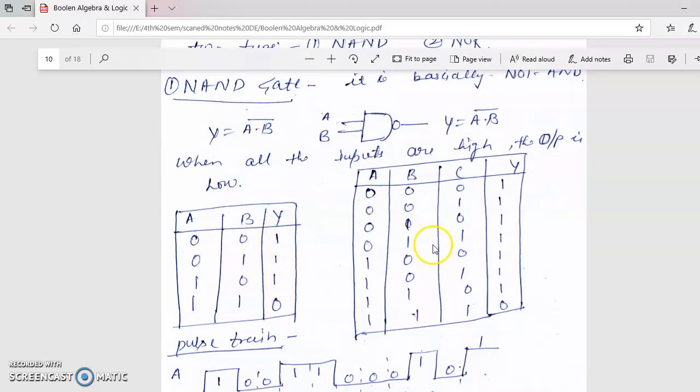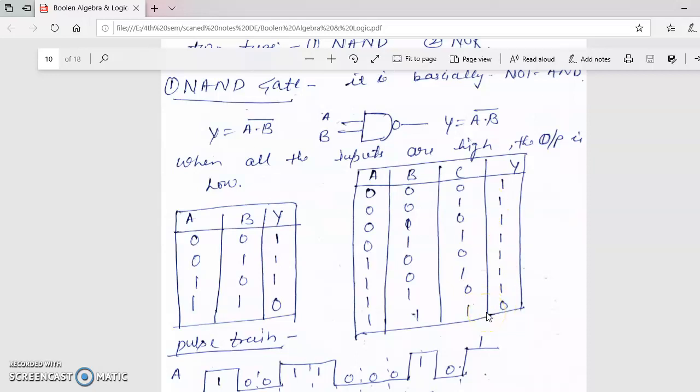Using this, we construct the truth table for 3 variables and 4 variables. See here the truth table of 3 variables: the inputs of the NAND gate are A, B, C and the output is Y. According to this, the output Y equal to (A dot B dot C) whole bar, and we get the output accordingly. Only a 0 or low output is obtained when all the inputs are at high level.